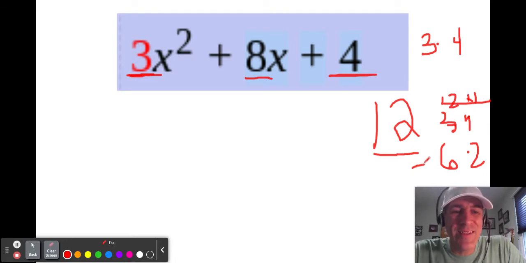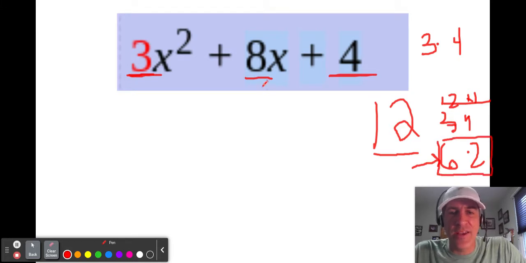So this is not going to be what my factors will be, but this is going to help me get there. So what I now do with this 6 and 2 is I split this 8x into 6x plus 2x.